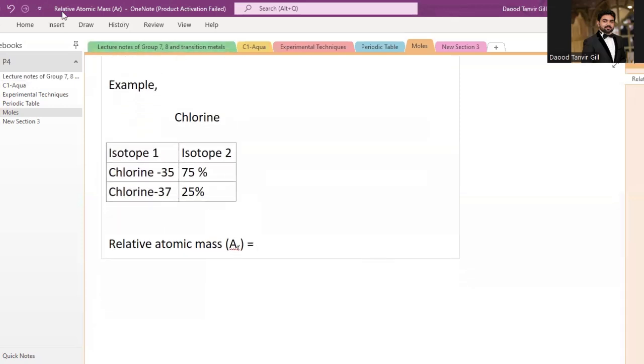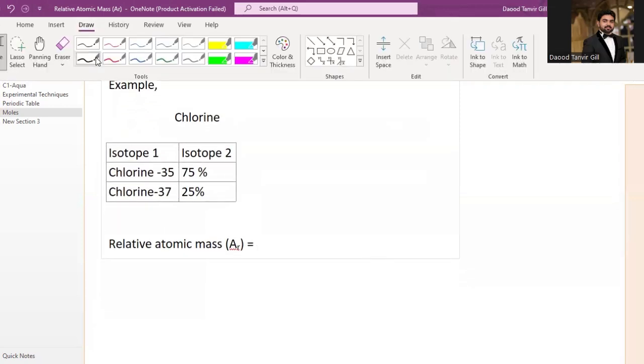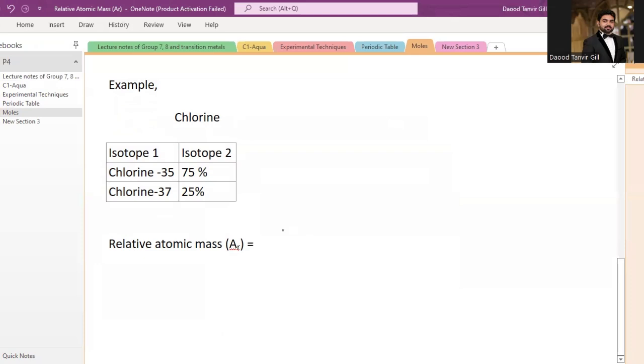So first of all, class, what we will do is we will multiply the mass number with its percentage.